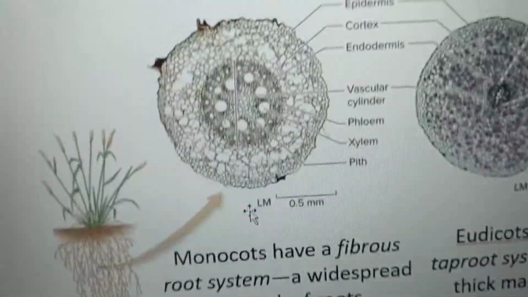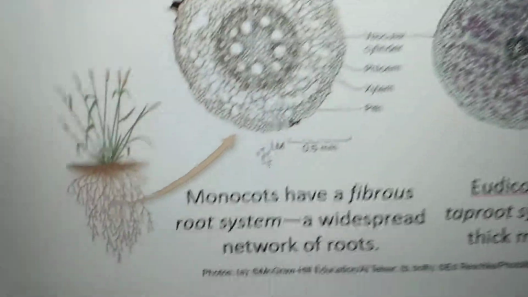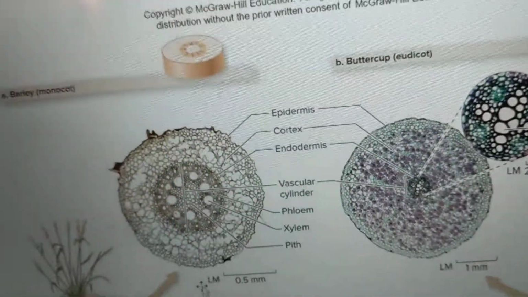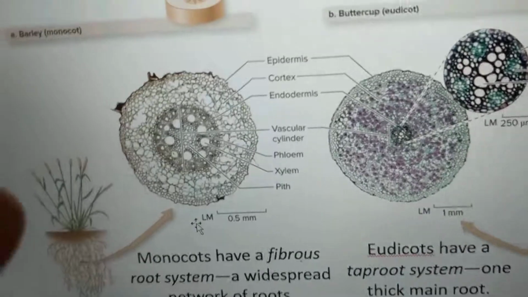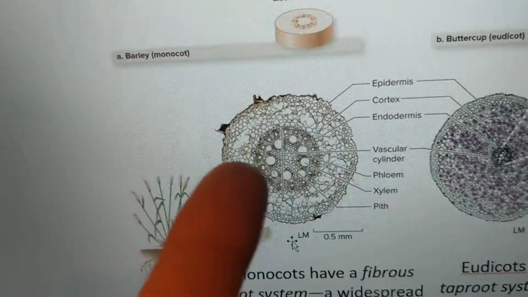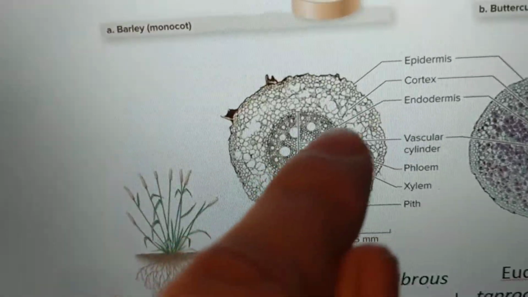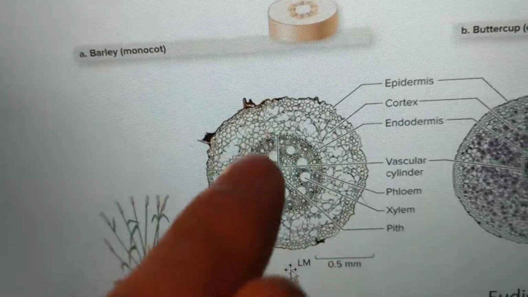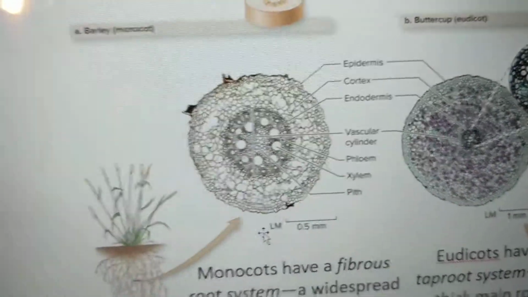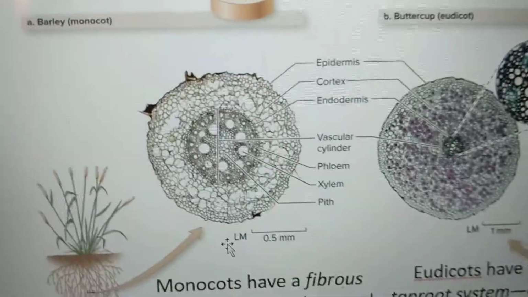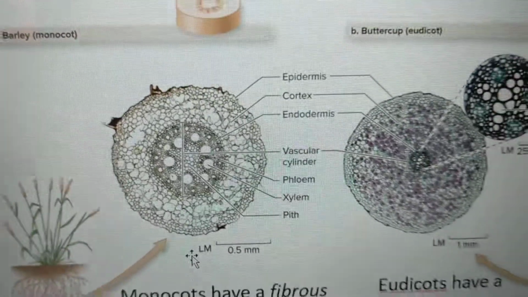It's different from the stem, where the dicot has the ring. The reason you know this is a monocot root and not a dicot stem is this border right here called the endodermis. You can see the endodermis in roots, but in stems you really can't see an endodermis.